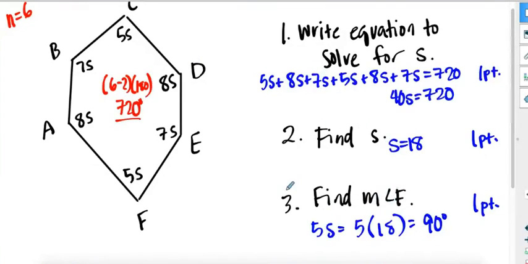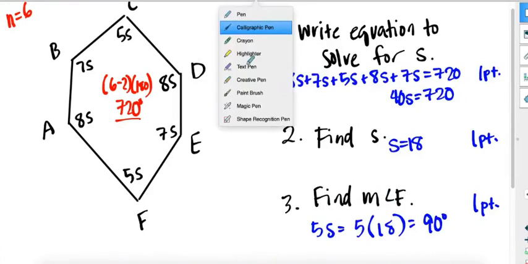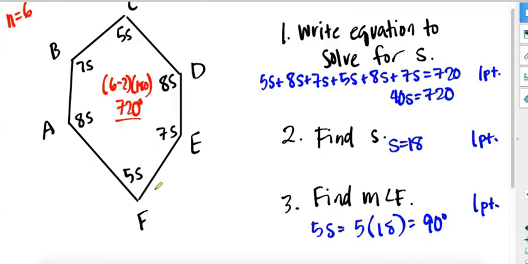Yeah. So the measure of angle F, so if you look over here, right, here's F. F is 5S. So I take 5S, and then I know that from number 2, S is 18. So I put that in for S, and I get 5 times 18, which is 90.